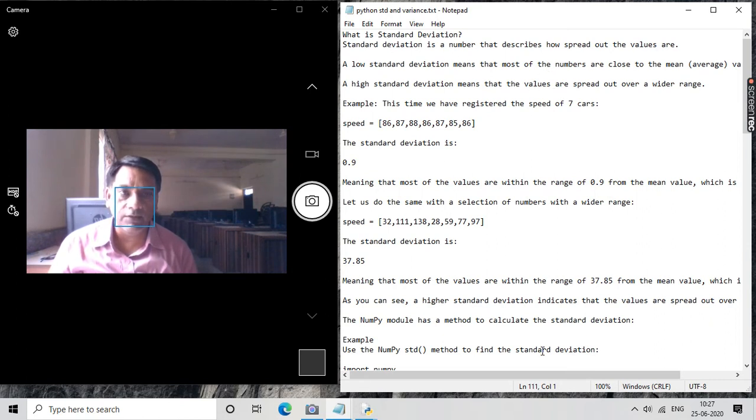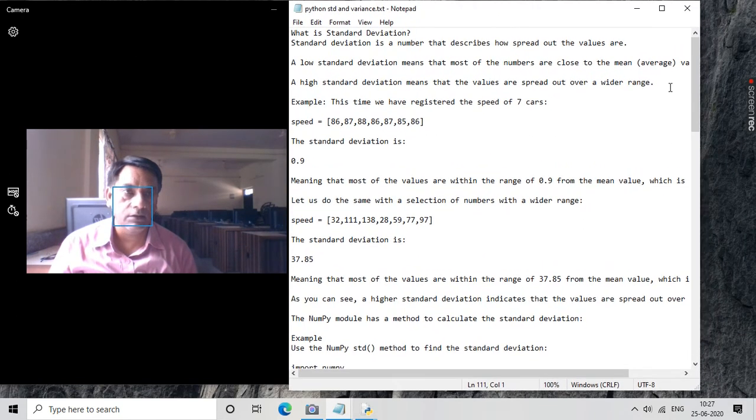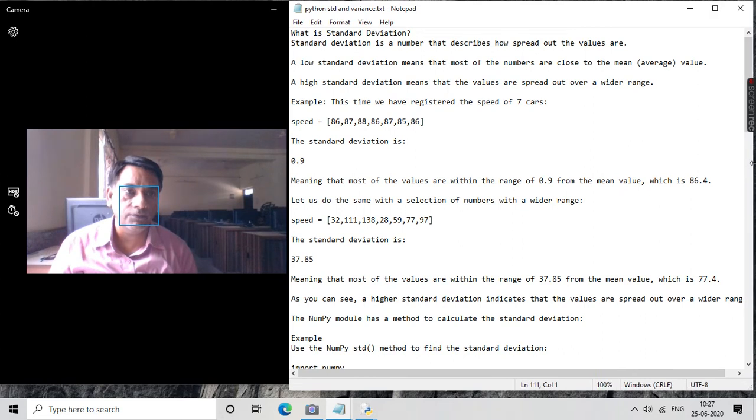These are a very easy way to explain all these things. Standard deviation is a number that describes how spread out the values are from the mean. That means the standard deviation shows the trend from the mean, how data is spread out from the mean position.